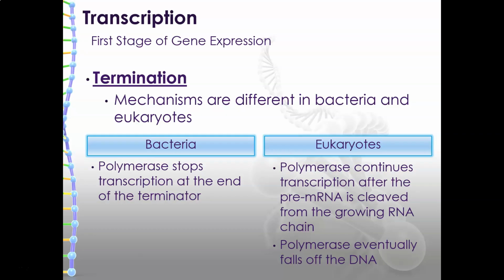Eventually, the polymerase just falls off. And the thought here is that because we're not continuously making messenger RNA that is already getting translated, there's some benefit to going past the end of that RNA coding region just to ensure that we have all of the information.